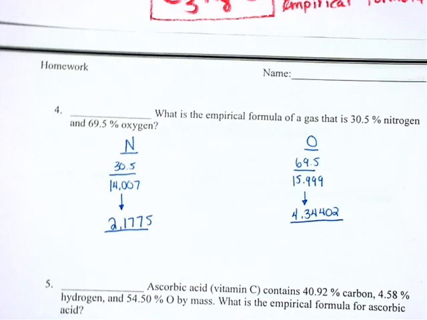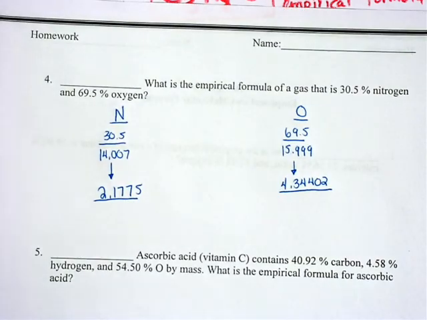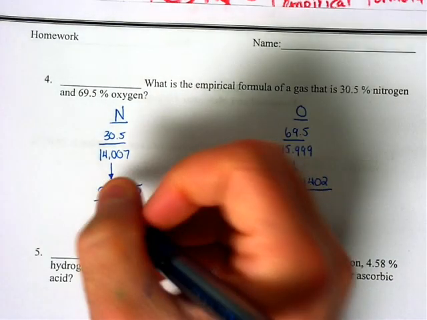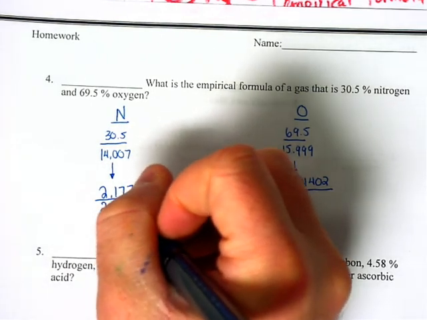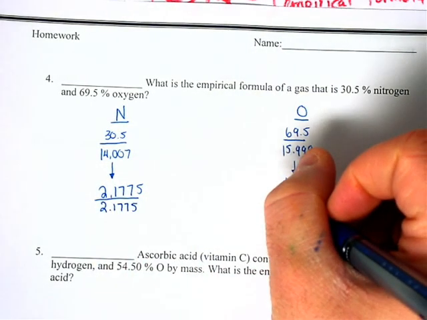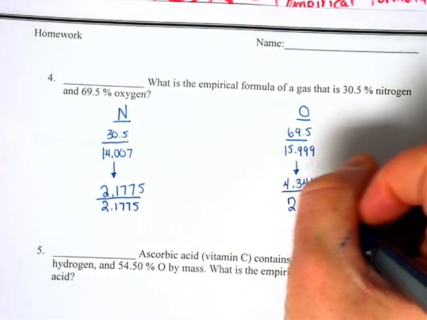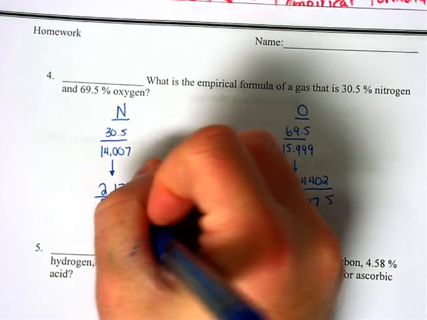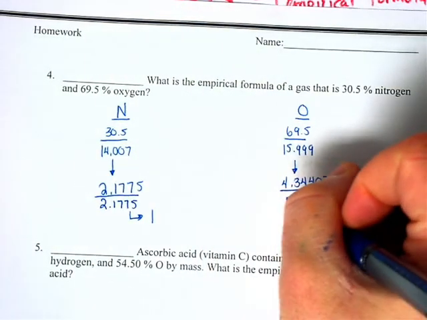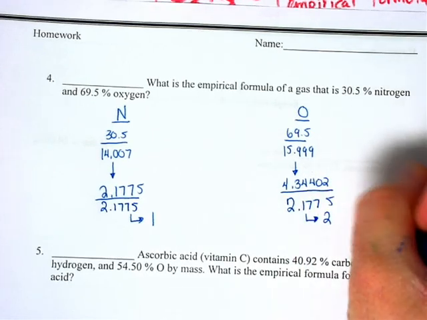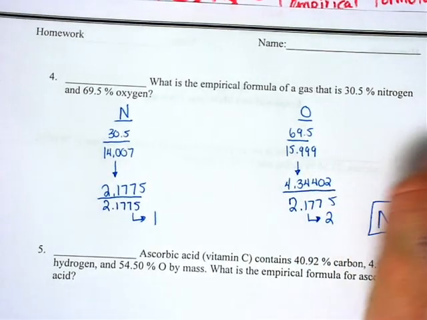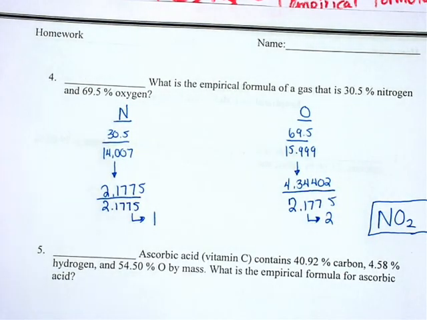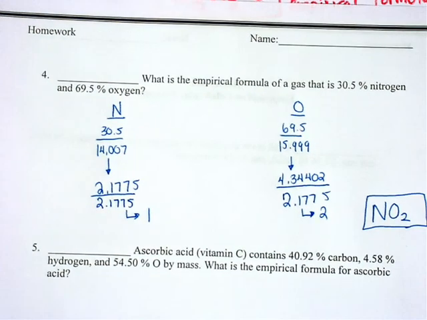So I got my quotients after step 1 if you want to check and make sure that we're on the same page. And then I divide by my smallest one. Cool. NO2, is that what y'all got?